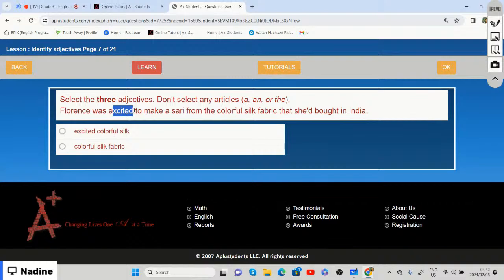So excited describes Florence's mood, to make a sari from the colorful silk. What kind of silk? It was this colorful silk.